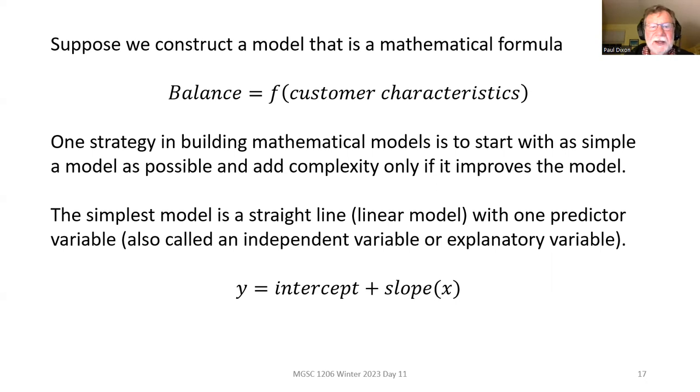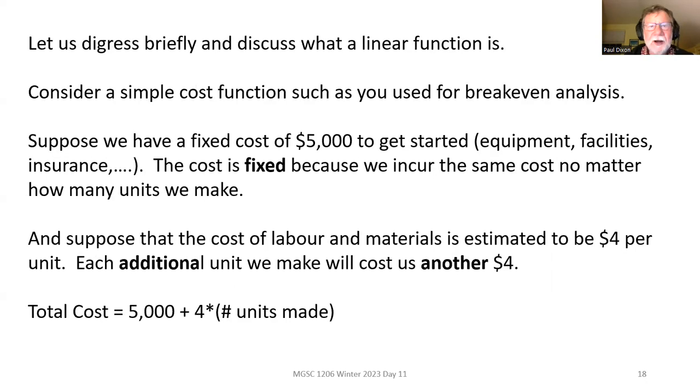My y variable I'm going to call my target variable, and my x variable I'm going to call my predictor variable or explanatory variable. We're going to look at straight lines. You've seen straight lines. If you did Quant 1, you saw a lot of them. You've probably seen them all through junior high and high school.